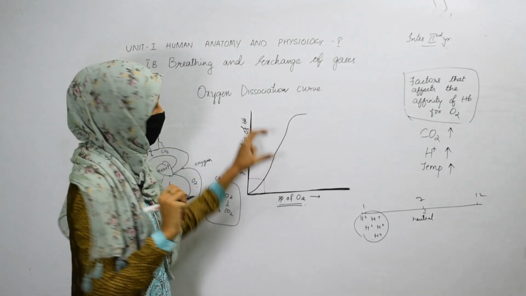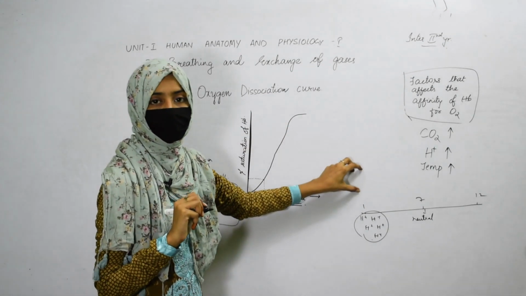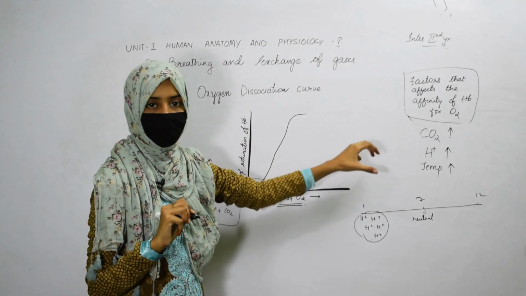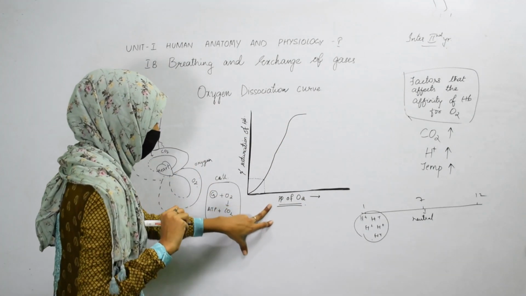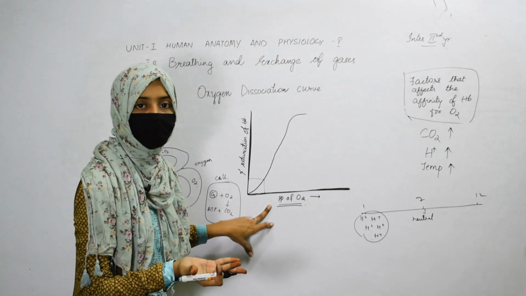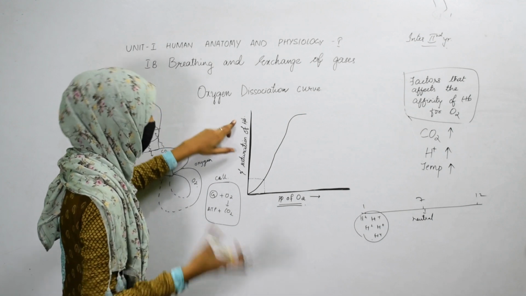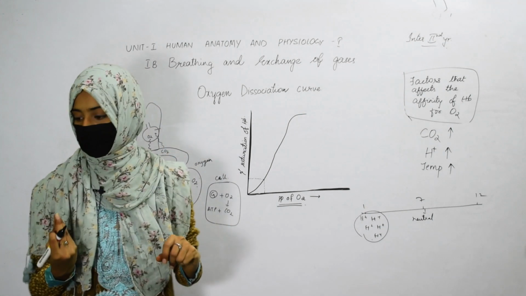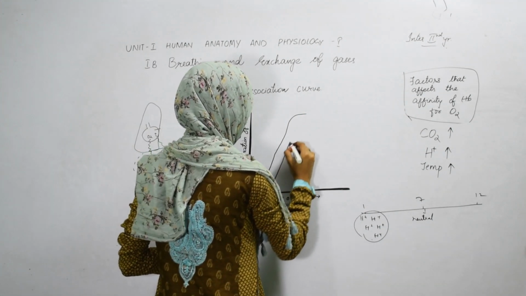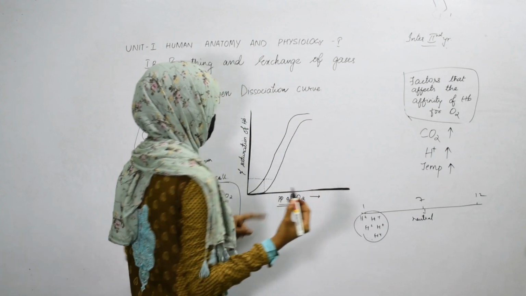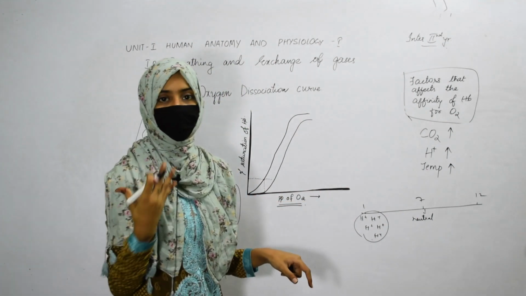But once the oxygen reaches the tissues or the cell, the partial pressure of oxygen will be increased inside the cells, and the percentage of saturation of hemoglobin also increases. This type of curve can be drawn based on the partial pressure of oxygen found in the tissues.